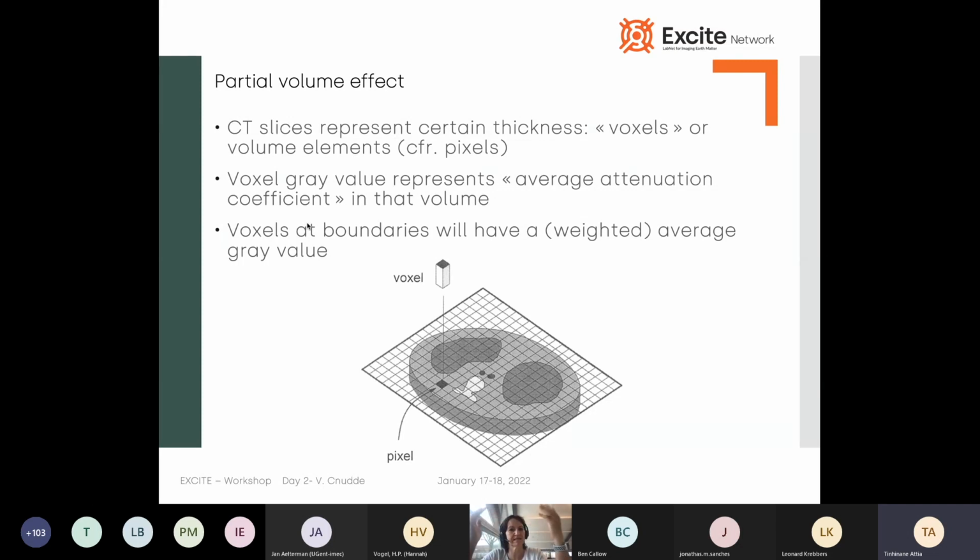So in X, Y, Z, if you scan with a voxel size of 10 micrometer, that means that your voxels have 10 by 10 by 10 in dimension. And so what you see in a reconstructed slice in your volume is the average attenuation coefficient in that volume. And so this also means that depending on your voxel size, you will get a kind of averaged gray value of everything that is within your voxel.